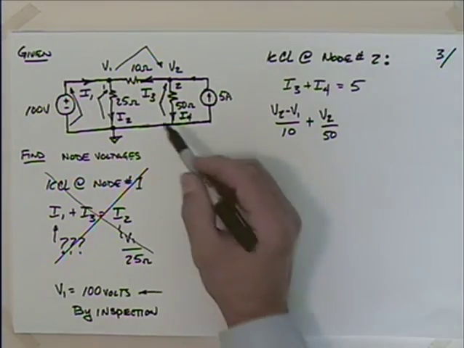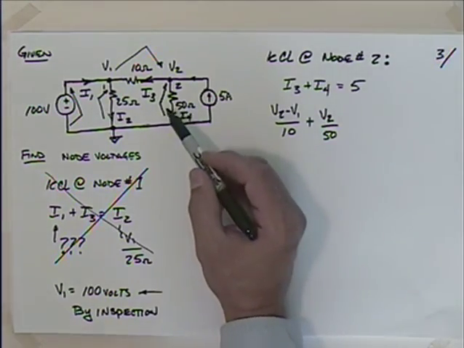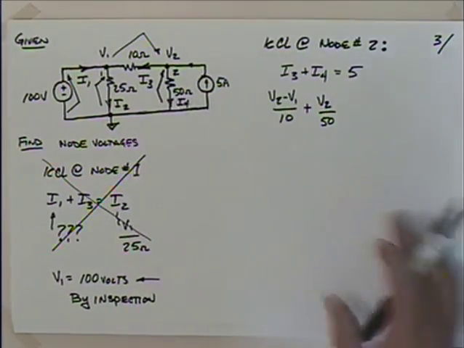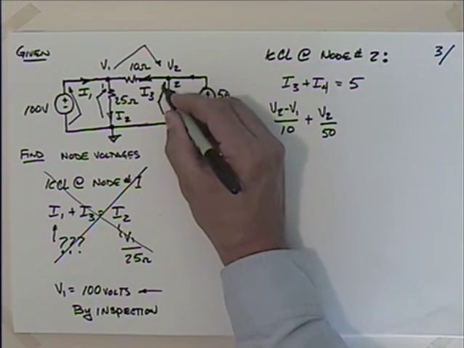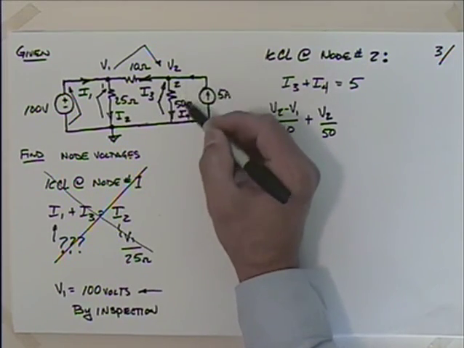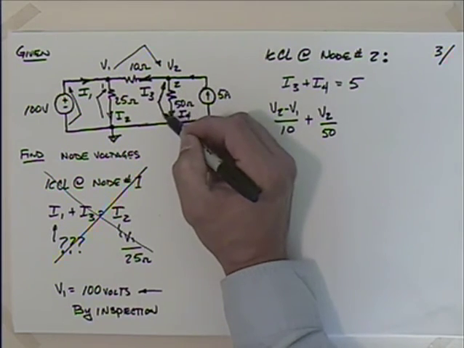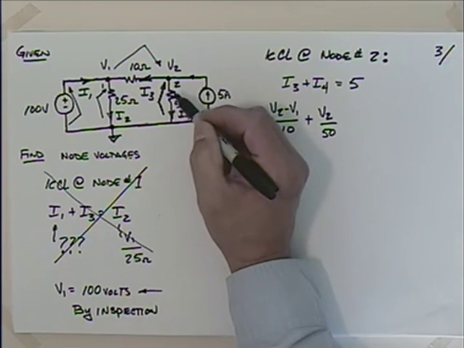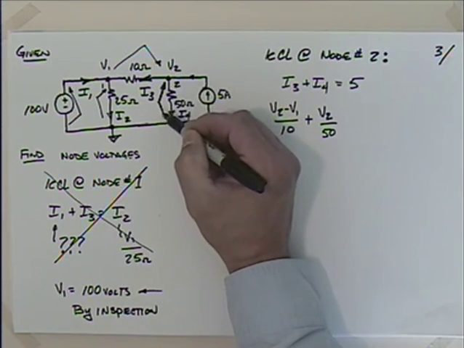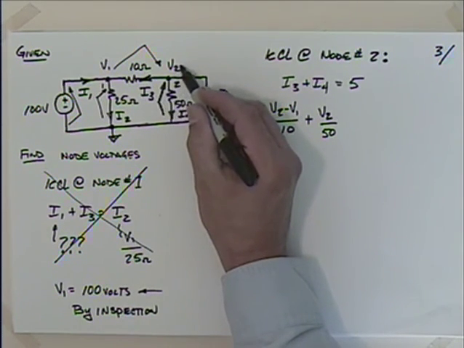This is probably where seeing this on video is hopefully easier than seeing it in real life. In real life, I'd put that arrow in there real quick, and I think people are heads down writing in their notes. But back this up, really concentrate. If I'm looking for this current I4, I want to find the potential that is opposite that. So that's going to be the potential from there to there, by definition, V2.